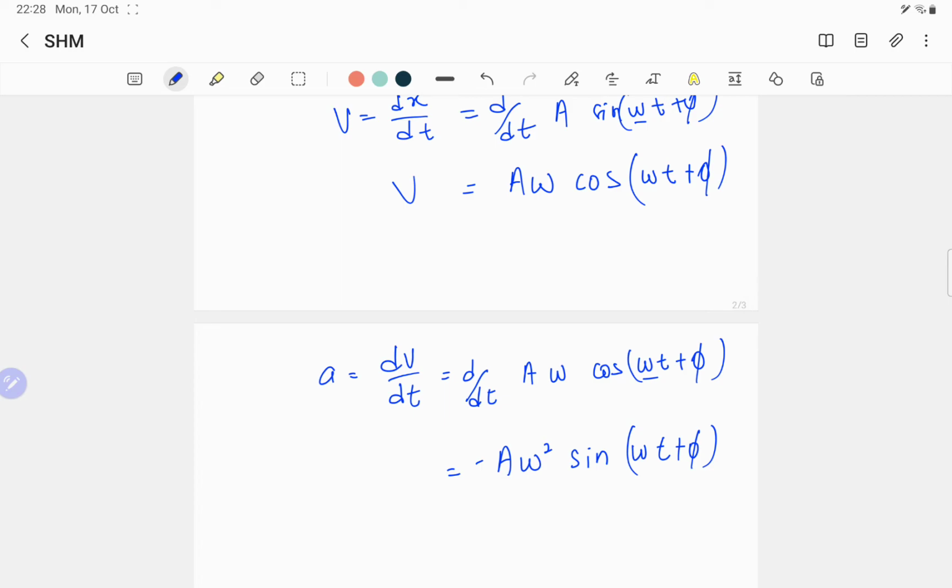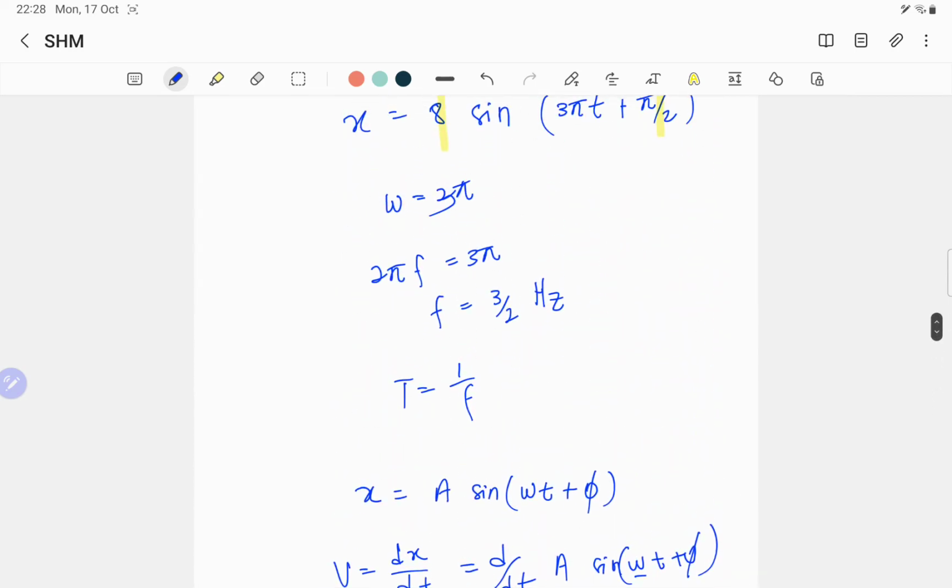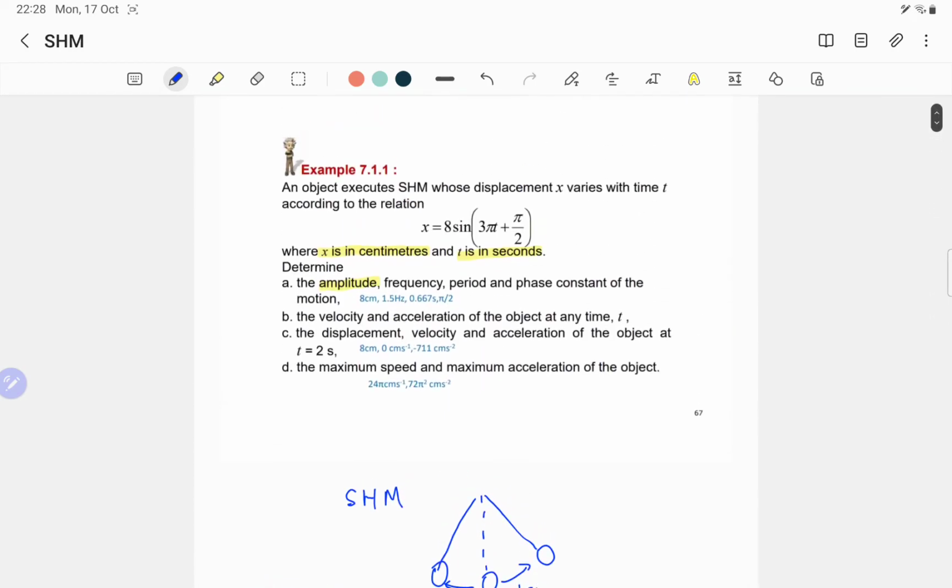Now that we have the equations, try to replace and modify the equation. For C, they want to determine the displacement, velocity and acceleration at t equivalent to 2, so just replace the value of t and calculate for each value. Then maximum speed and maximum acceleration.